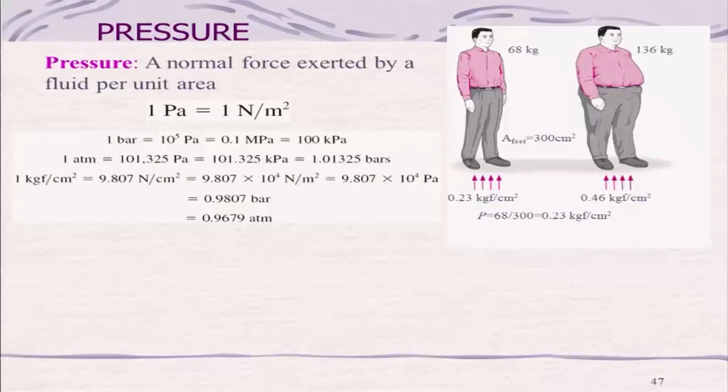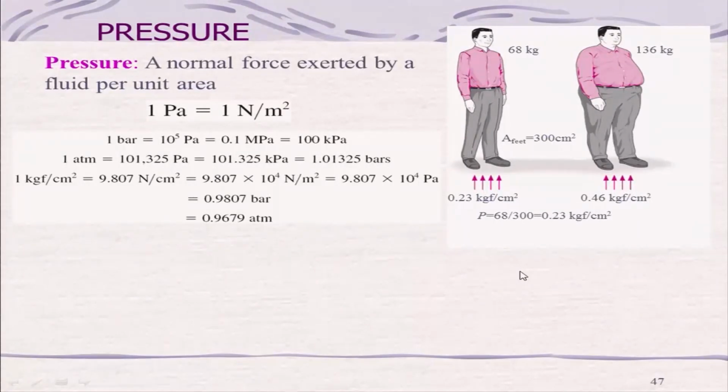Let us take an example: a person whose weight is 68 kg, comfortable as per his height, with a foot area of 300 centimeter square. The force applied due to his weight on the ground where he is standing is basically 0.23 kg per centimeter square, right.